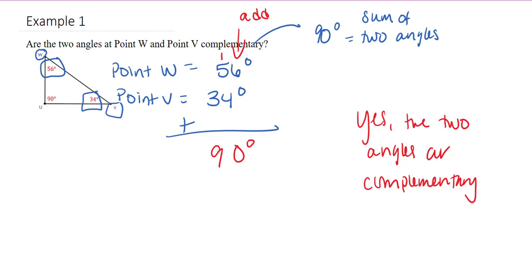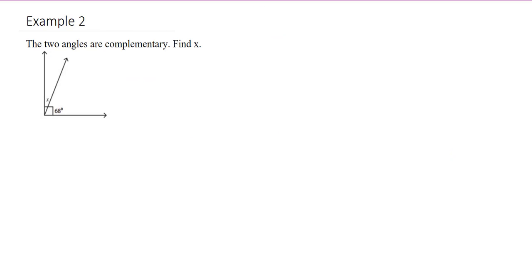Let's look at example 2. The two angles are complementary. Find x. So we're given that this plus this is equal to 90 degrees. So x plus 68 is equal to 90.